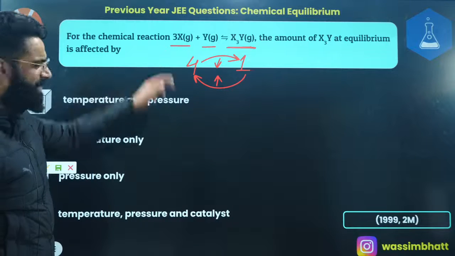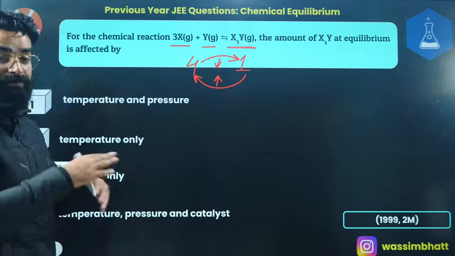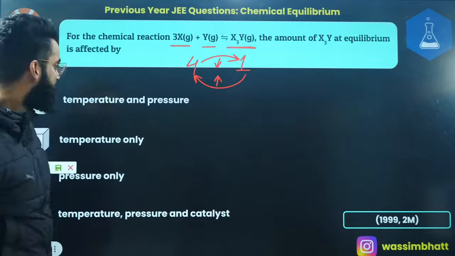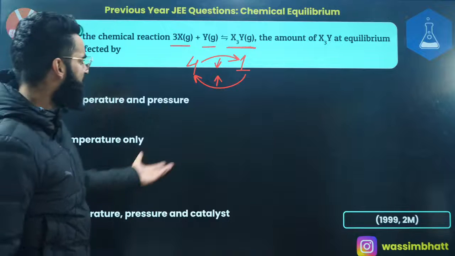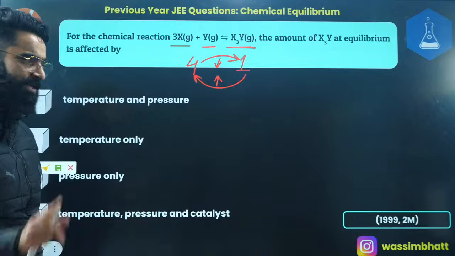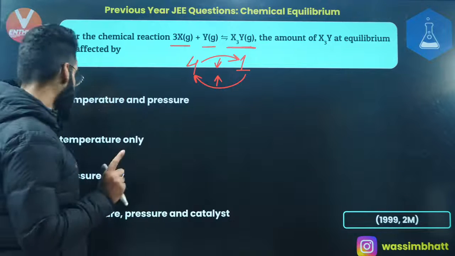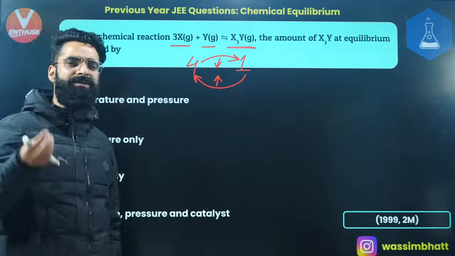So since the reaction is at equilibrium, if I increase or decrease the pressure, equilibrium will shift. So on changing the pressure, definitely on shifting the equilibrium, the amount of X3Y, the amount of product as well as reactant, will change. Point number 1. Equilibrium constant also depends on the temperature.